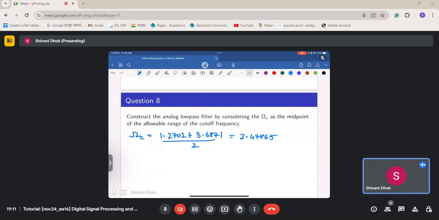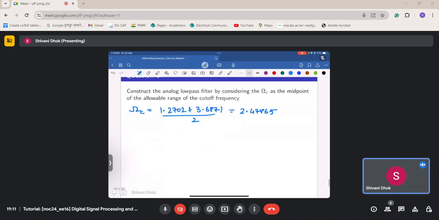Using this omega c, we now need to construct our H analog of s. The order is 2, so we have two poles.